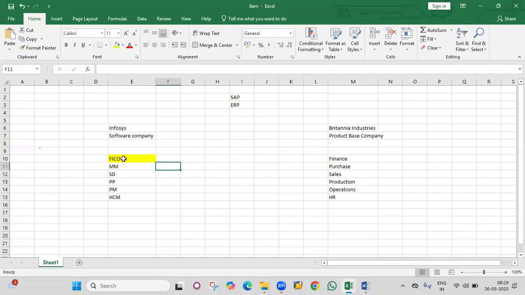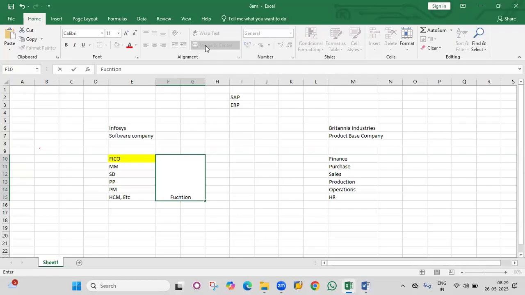So now these are all the modules, right? Not only this, we have different other modules also. That later we'll see. And all these modules are called functional modules. What is functional modules?